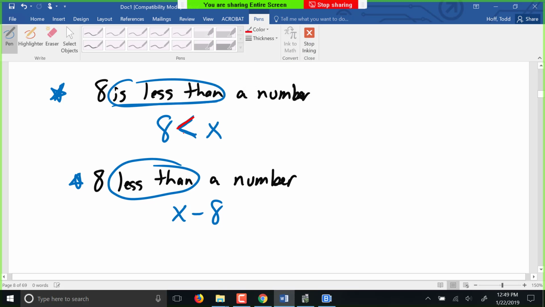How many of you have problems remembering which symbol is less than and which one's greater than? Anybody? A little bit? Okay.